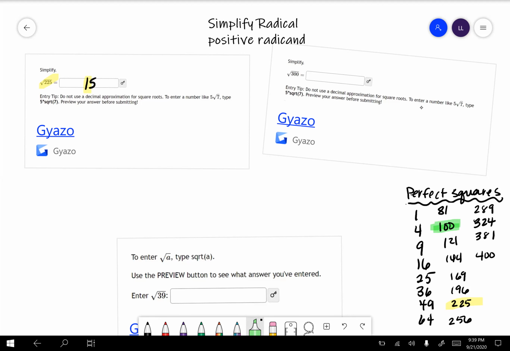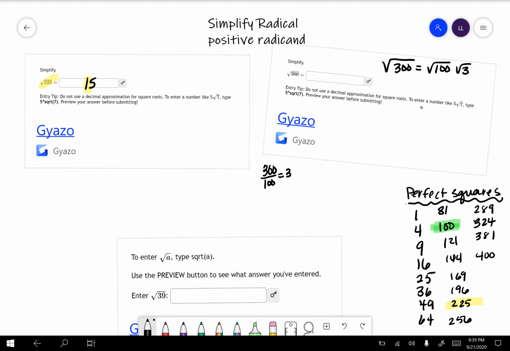So how many times does 100 go into 300? Let's see. 300 divided by 100 is 3. Therefore, this can be broken into two factors: the square root of 100 times the square root of 3.